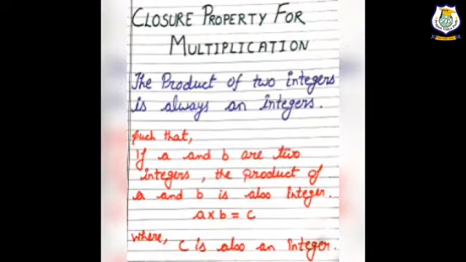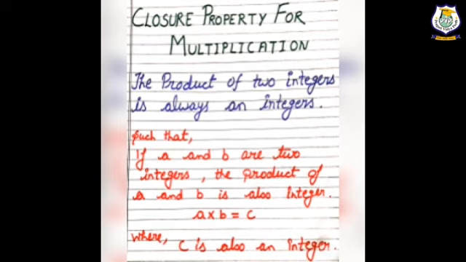Properties of multiplication and division. The first property of multiplication and division is closure property. The product of two integers is always an integer, such that if a and b are two integers, the product of a and b is also an integer, which is a × b = c, where c is also an integer.